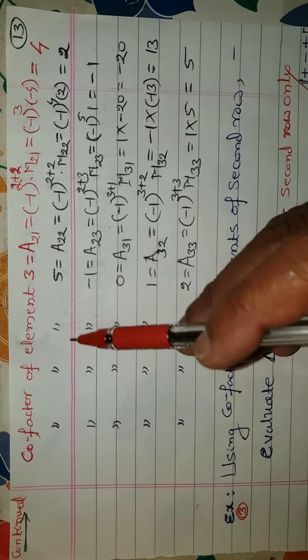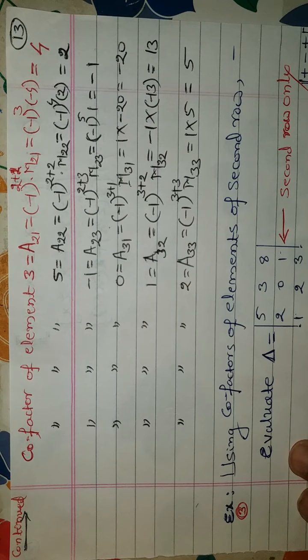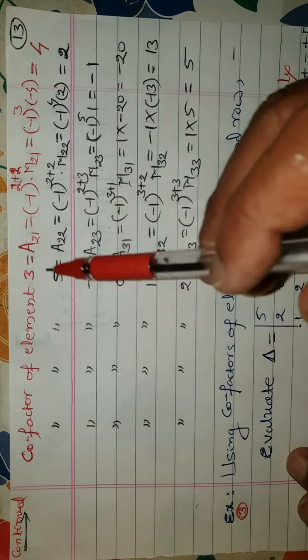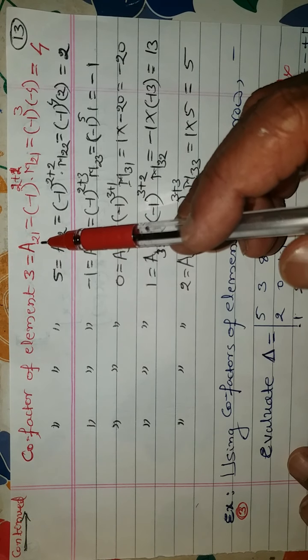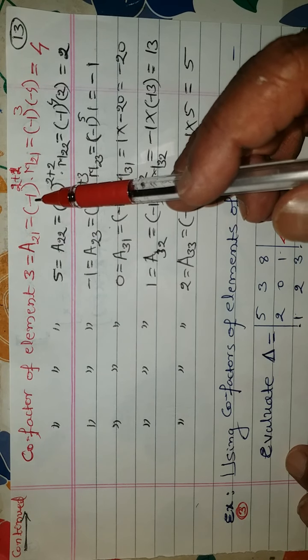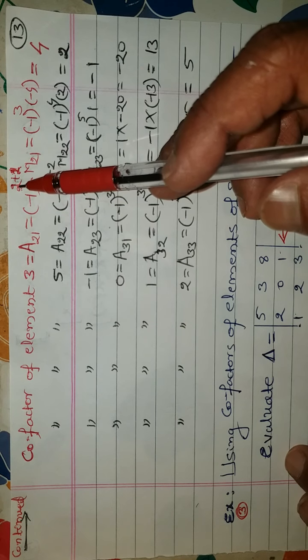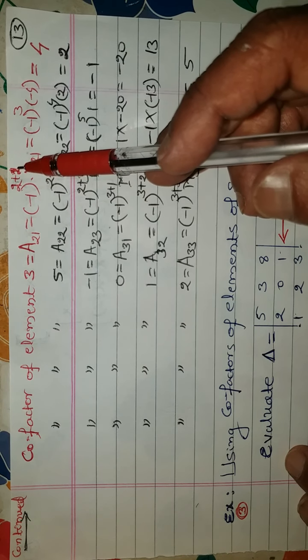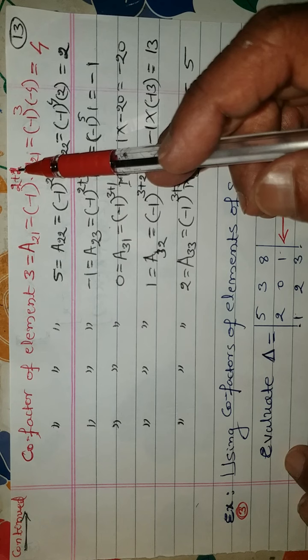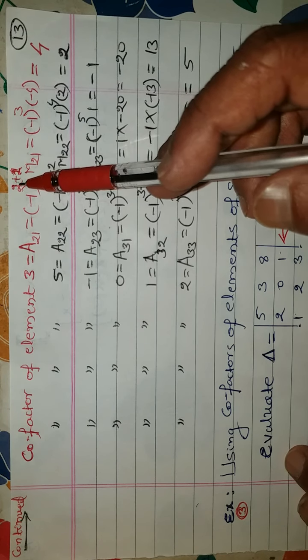Then cofactor of the element 3, meaning the A21 position. In the question you observe 3 lies in the second row, first column, hence A21 position. The cofactor of element 3 is A21, that is minus 1 to the power of second row, first column, that is 2 plus 1.